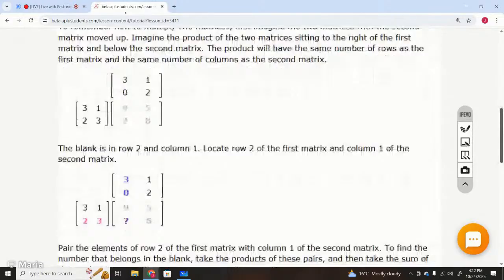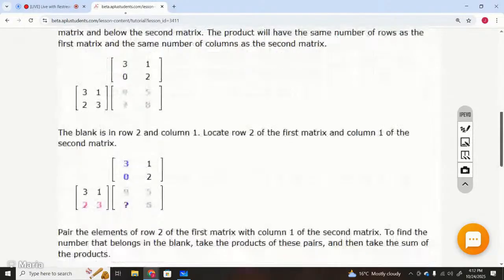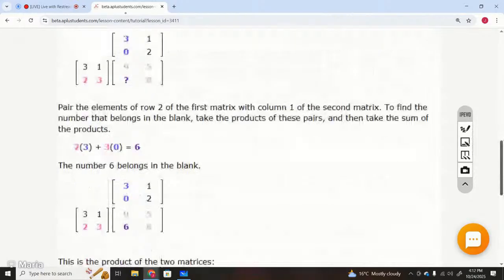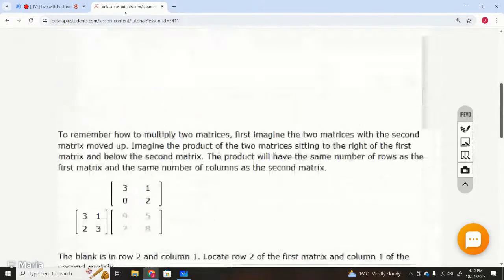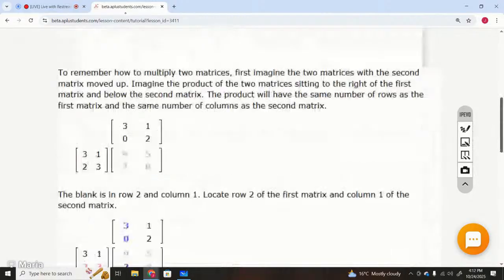How do we multiply the matrices? To remember how to multiply two matrices, first imagine the two matrices with the second matrix moved up. Imagine the product of the two matrices sitting to the right of the first matrix and below the second matrix.